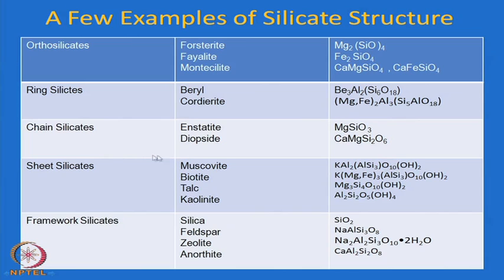Okay. Now, we have chain silicates, ring silicates, and then this chain silicate. This is another magnesium silicate.